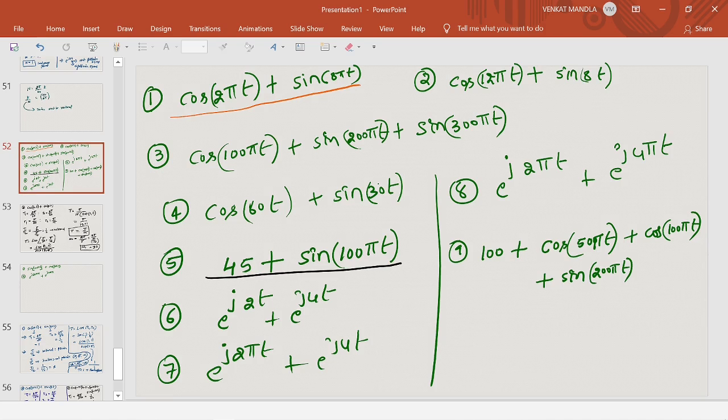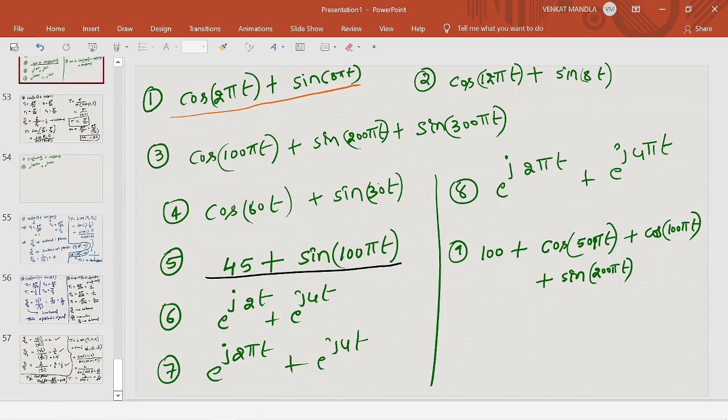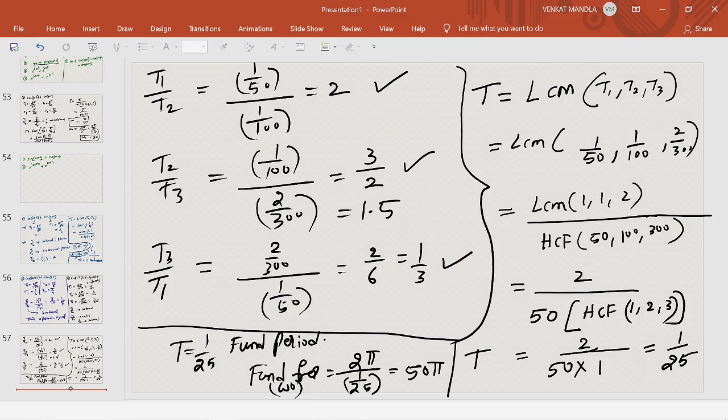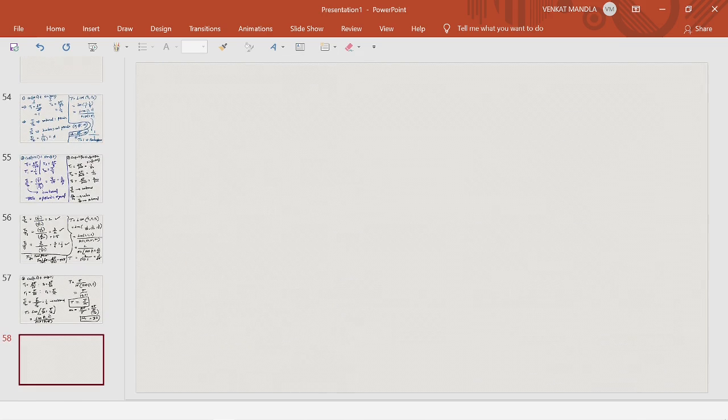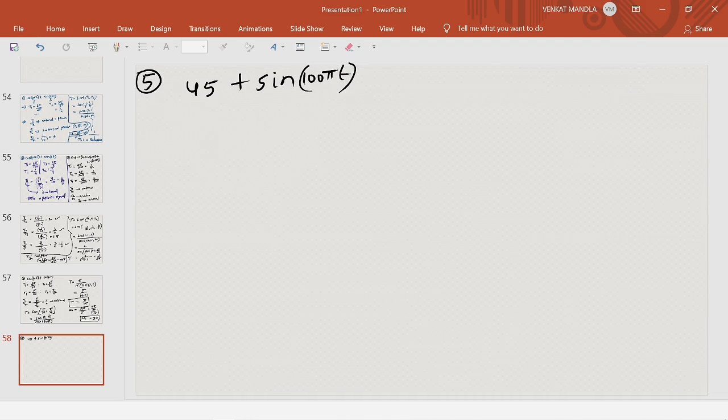45 plus sin 100 pi t. First of all, is it a periodic signal?